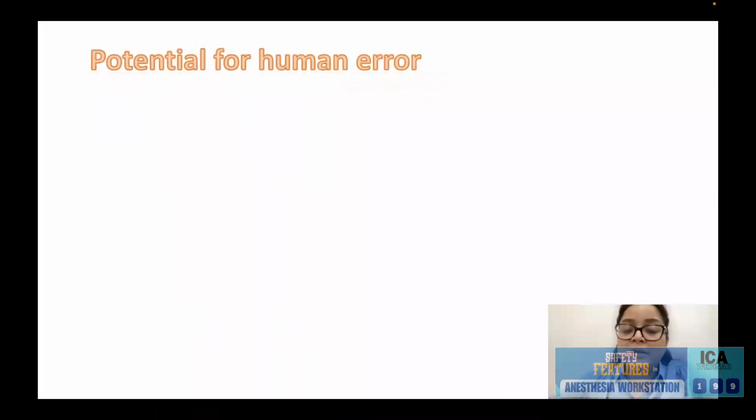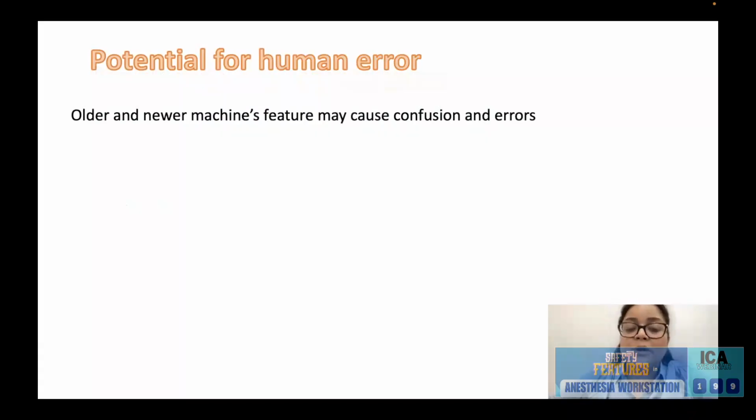Then there is always a potential for human error, because older and newer machine features may cause confusion and error. For example, automatic activation of the monitor and alarm by the main on-off switch, because there are certain machines where there is not a single main on-off switch.